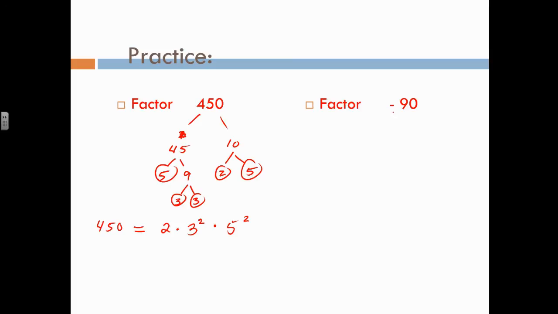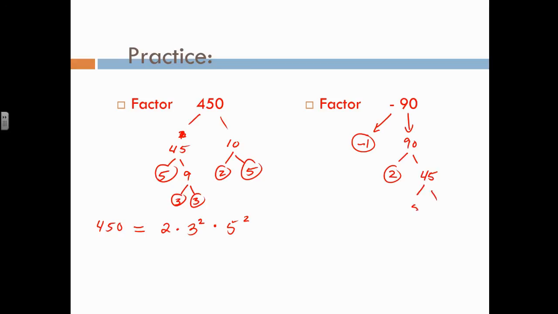Now for -90, this is the first negative number you may have prime factored before. So -90, what you're going to do is you're going to pull out a -1 and circle it and consider that factor to be a prime one. And now all I have to do is deal with the number 90. -1 times 90 is this -90. So let's keep going on 90. 90 will be, let's say, 2 times 45.